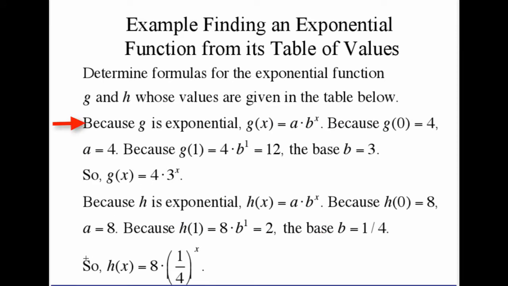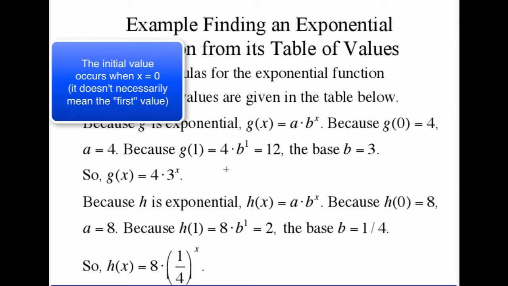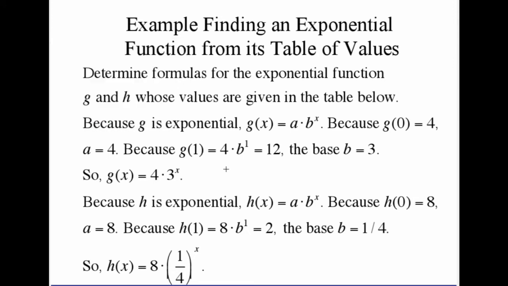Well, because g is exponential, g(x) = a times b to the x, and b is, again, the base. Because g(0) = 4, which we were given, a = 4. Remember, a is the initial value. That is always the coefficient on the base to the x power. Because g(1) = 4 times b to the first, which equals 12, the base is 3.